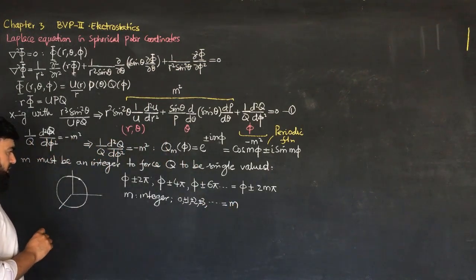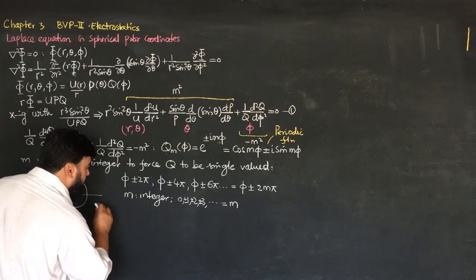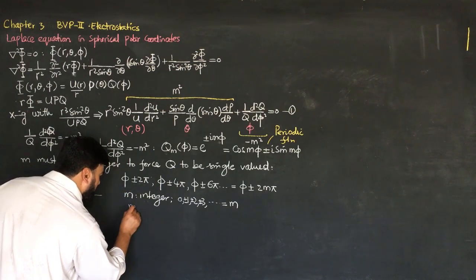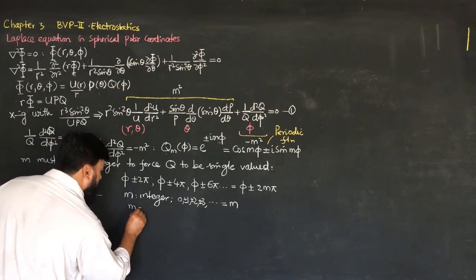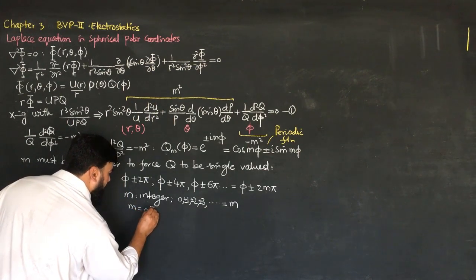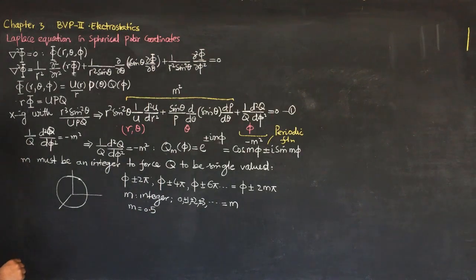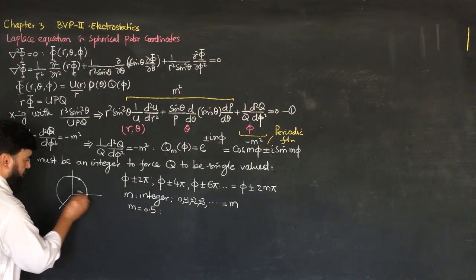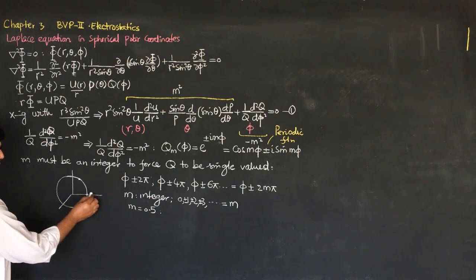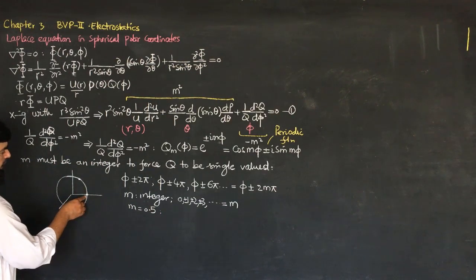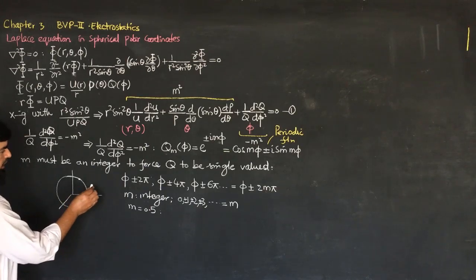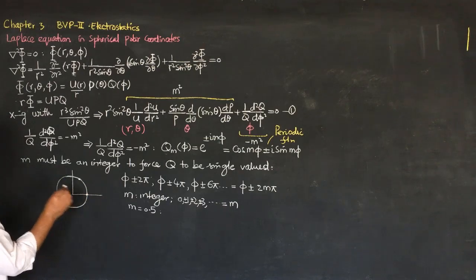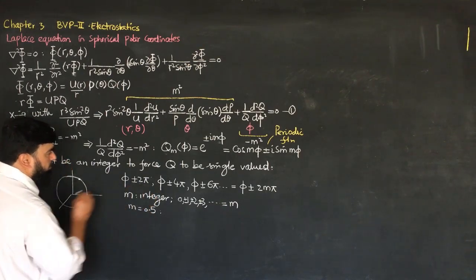If I consider m to be non-integer, for example, instead of 1, let's say 0.5, what will happen? Let's say I'm reaching this point on the sphere at a certain phi. Now I will not reach that point after 2 pi, but I will reach only half of it.